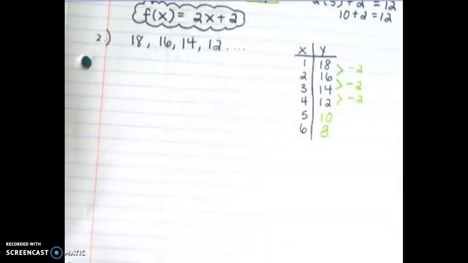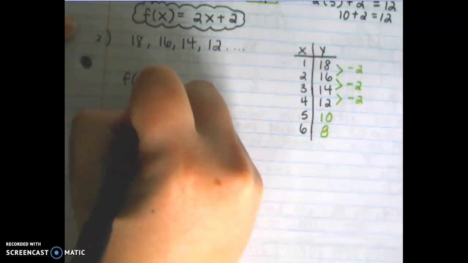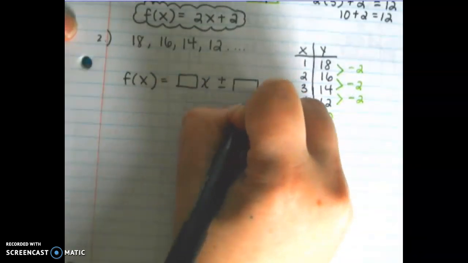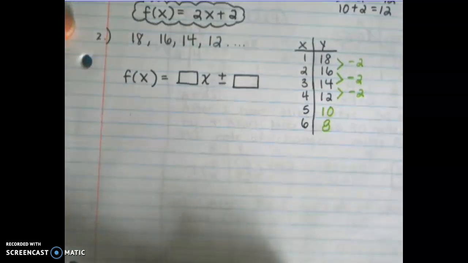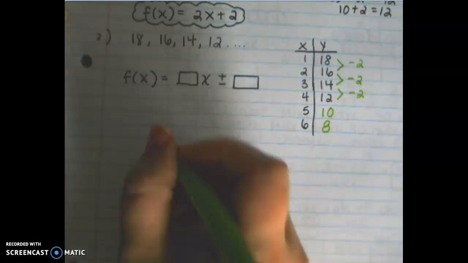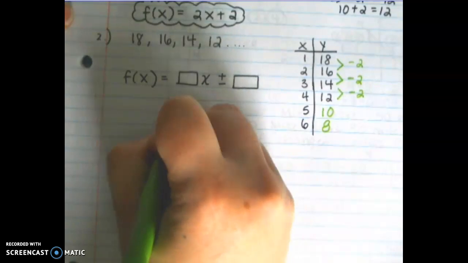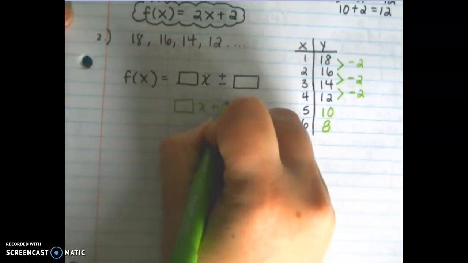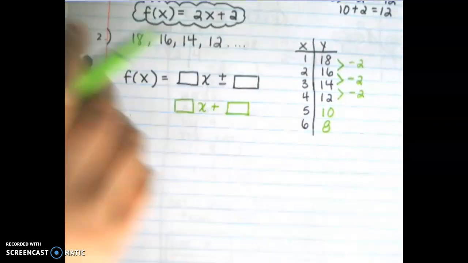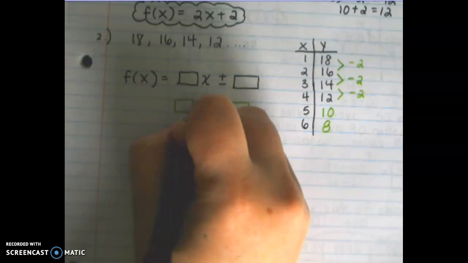Alright, so let's see if we can make up a function rule. Again, it should look like something times x, and either plus a number or minus a number. So if I plug in 1, I'm going to replace this x with a 1.